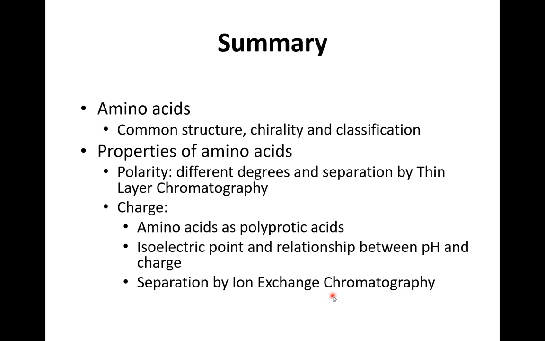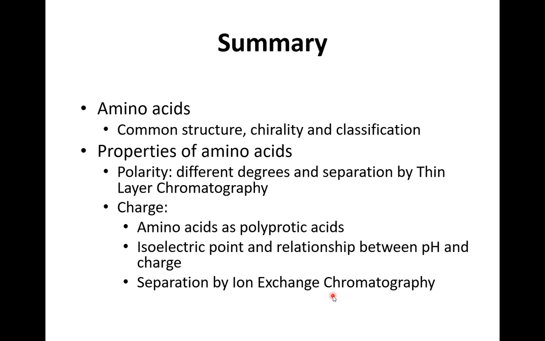So the same amino acid exists in two isomers, referred to as stereoisomers, which are also chiral, except for glycine, and therefore they are mirror images of each other. There's a D and L form, with the L form being the one that is commonly found in proteins.